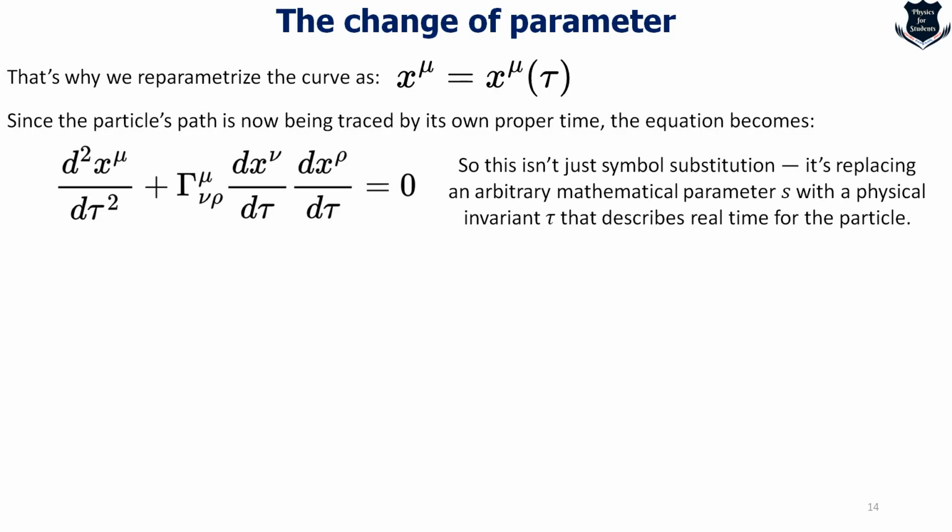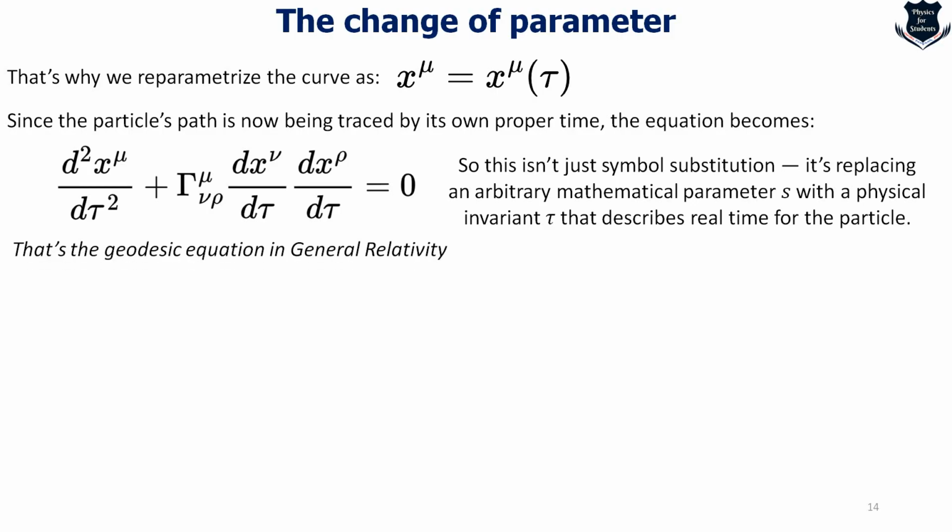All the s are simply substituted by tau, the proper time. Remember, this is not just a symbol substitution, it is replacing an arbitrary mathematical parameter s with a physical invariant tau, because it describes the real time for the particle.